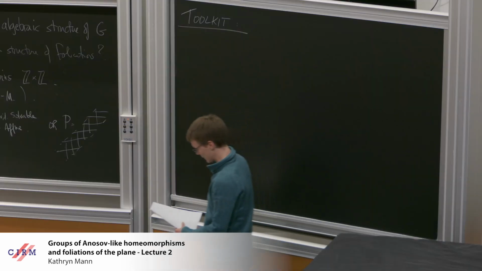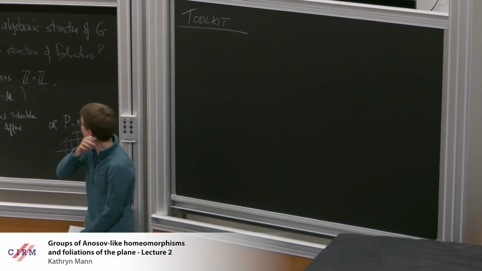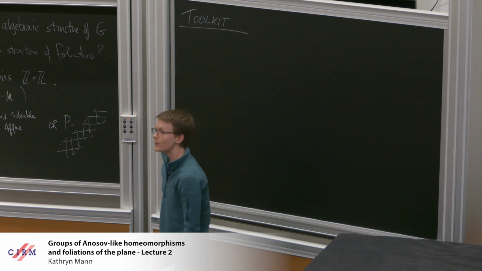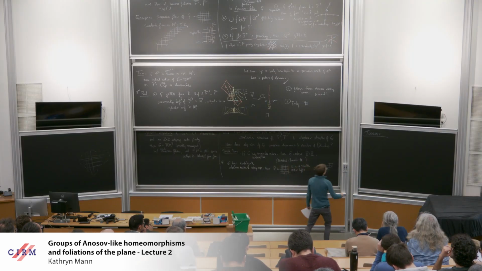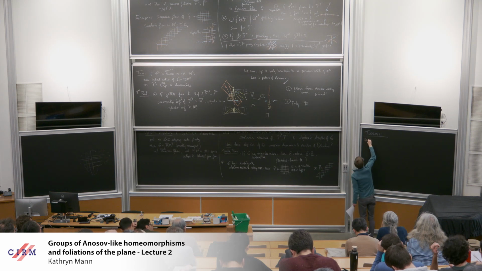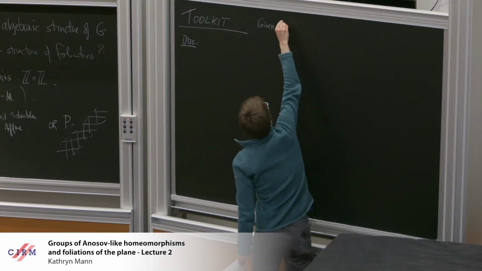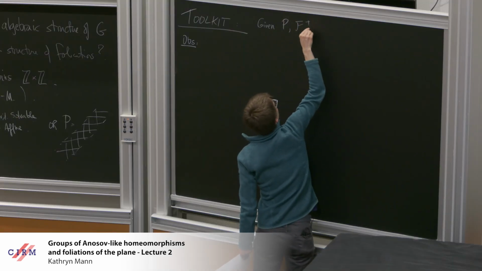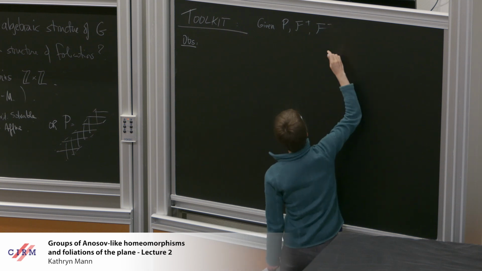Okay. So a first observation, I didn't prove it, but you can prove it in the margin of your notes right now if you want. Here's my standing assumption for the rest of time: a plane with two transverse, non-singular, just to keep things simple, foliations.